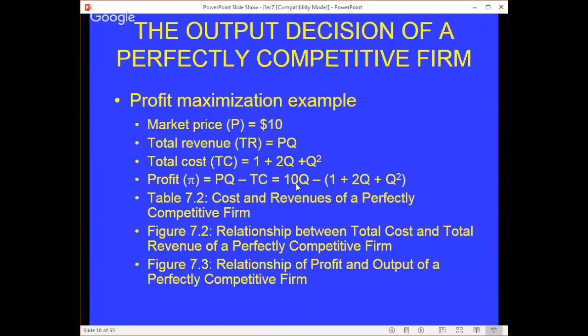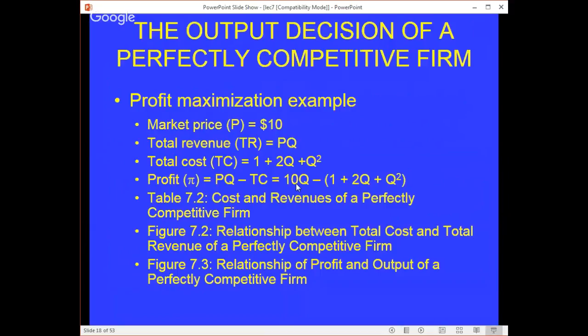Profit is equal to 10q minus (1 plus 2q plus q squared), so minus 1 minus 2q minus q squared. How can I maximize that profit function with respect to q? How do we maximize any function?